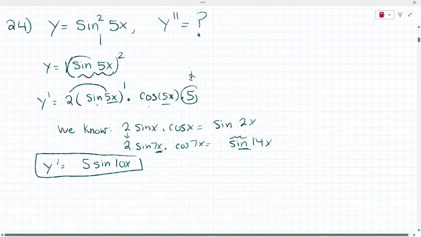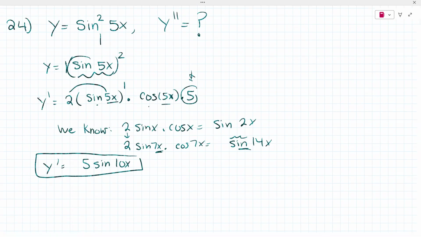So how can I find y double prime? Not too bad, right? What I could do is rewrite this. I could factor out the 5 and just take the derivative of sin of 10x. If you want, you could put a parentheses here. Remember, 5 is a constant, so you could just ignore it. All you got to do is take the derivative of sine of 10x.